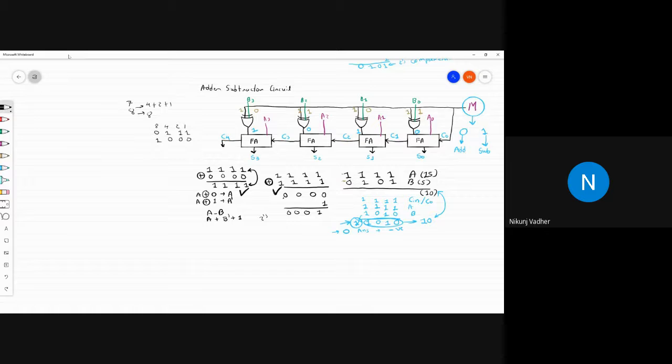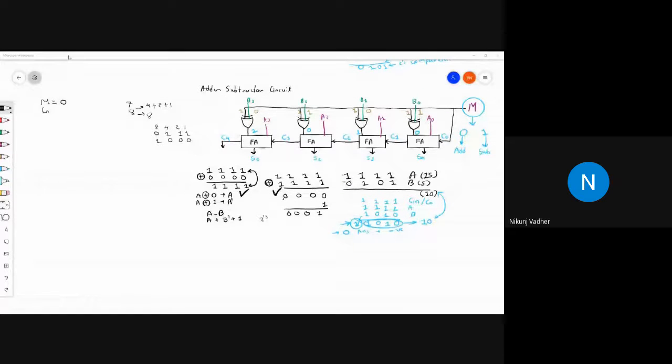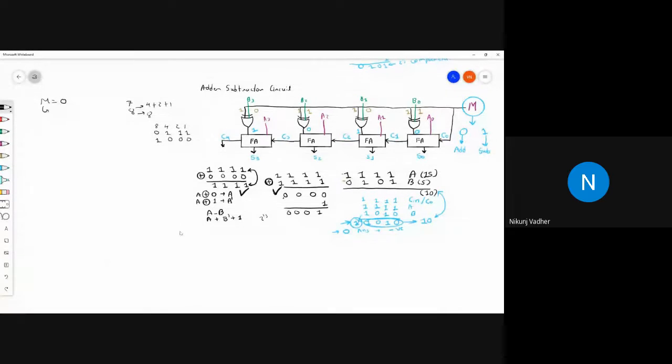Now let's see what will happen in the case of addition. Whenever the value of M is 0, addition will be performed. So let's have an example of that. Here, this is 7 and this is 8.